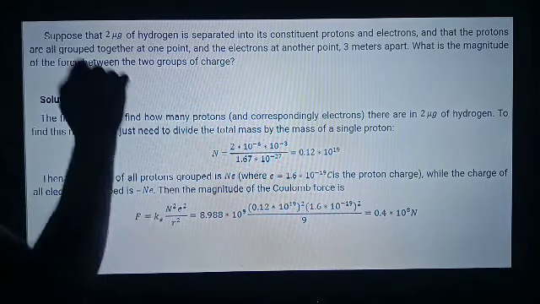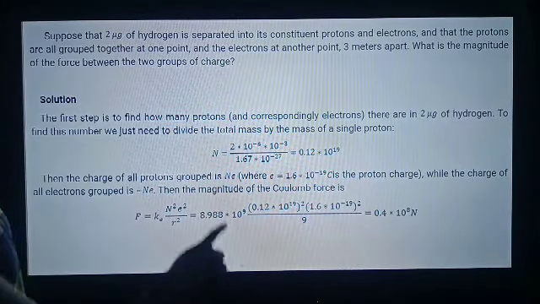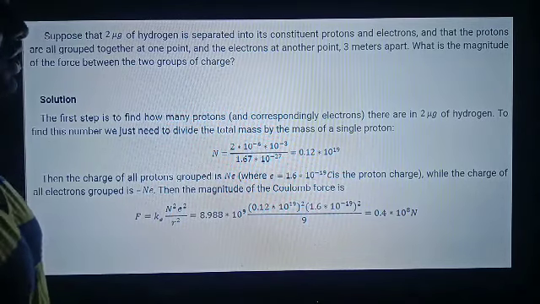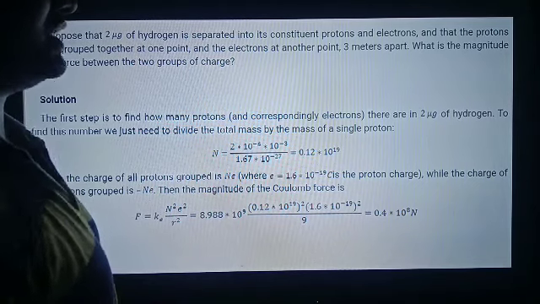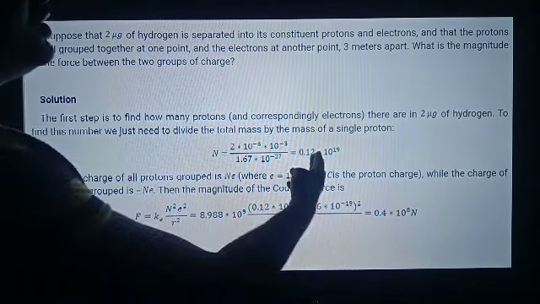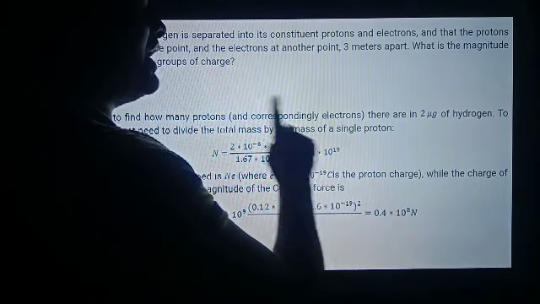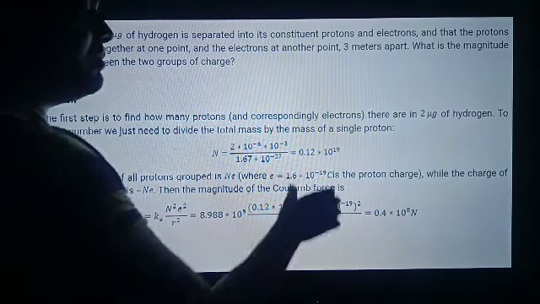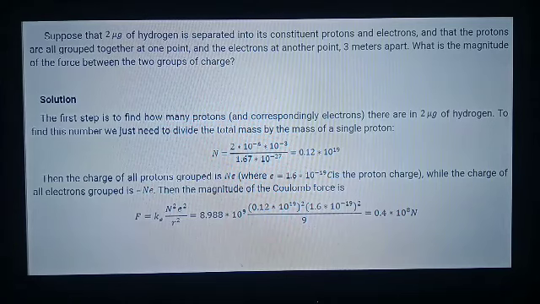So the number of protons present in 2 microgram of hydrogen will be equal to 2 × 10^-6 × 10^-3 divided by 1.67 × 10^-27. The answer will be 0.12 × 10^19. Means this is the number of protons, and an equal number of electrons will be present in 2 microgram of hydrogen.